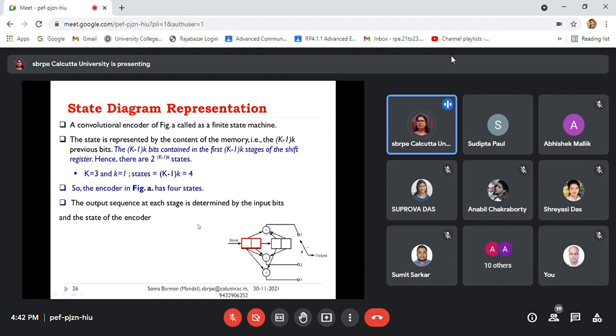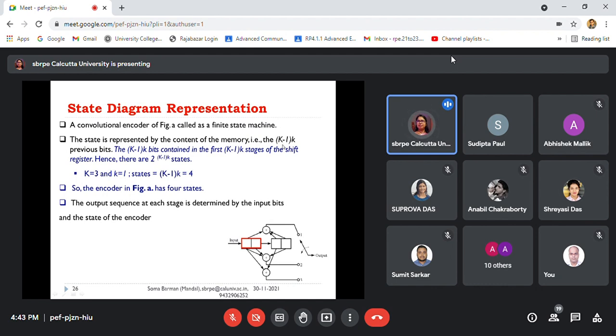In our example, the code rate is half and the constraint length K equal to 3, with small k, the message bit, equal to 1. So if I consider the encoder as a finite state machine, how many states will there be?